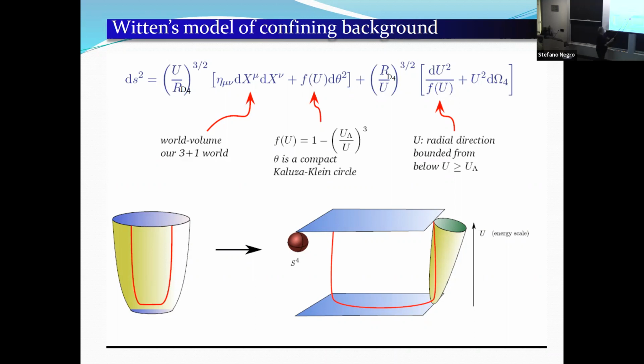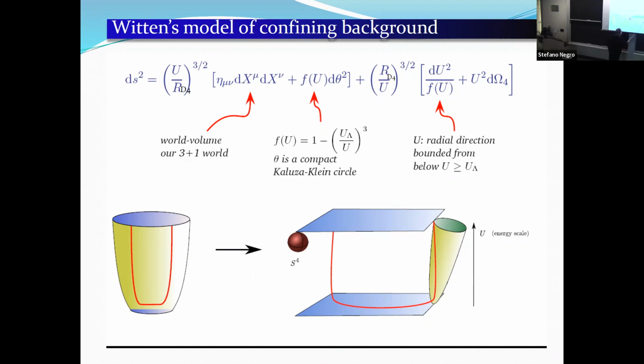And there is one coordinate of the D4 brane which is compact, and together with the holographic direction, it forms a cigar. And this cigar sets the minimal value of the holographic coordinate, u lambda. So this is where a scale is put in this otherwise conformal background.